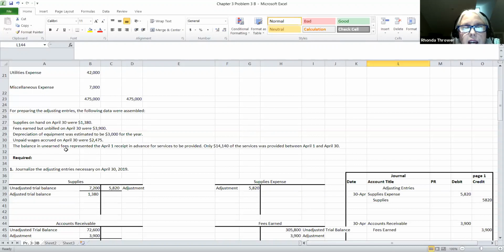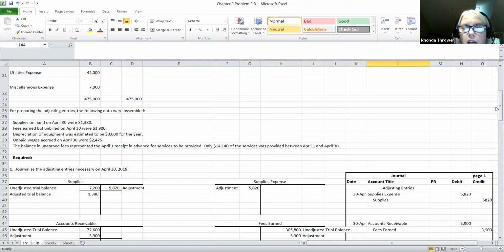At the end of the accounting period, we're going to look at the unearned fees account to see if any of these fees have been earned during this time period. If they are, we're going to reduce the liability account, unearned fees, by the amount of fees that are earned, and we're going to record our fees earned account.